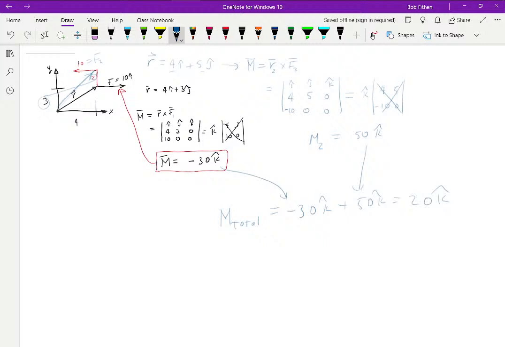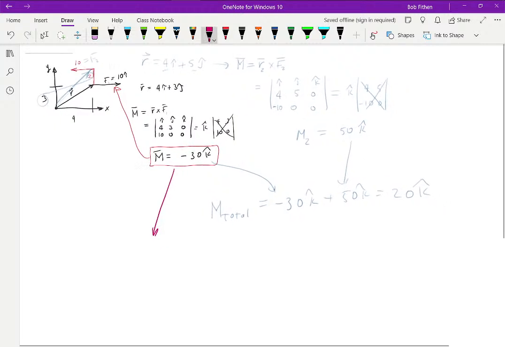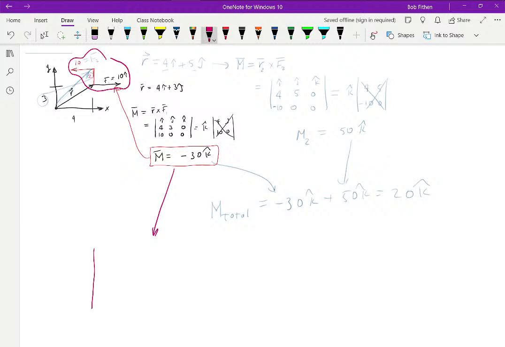Now, there's something interesting here. Two things that are interesting. If I go now and look at just this load by itself again, but this time I take that same, what is called a couple, but I move it. So I'm going to move the couple out here.